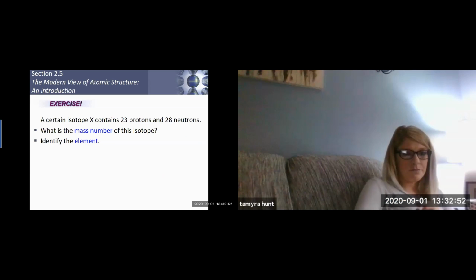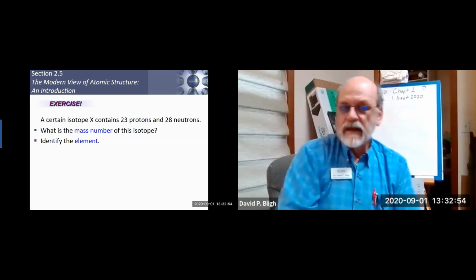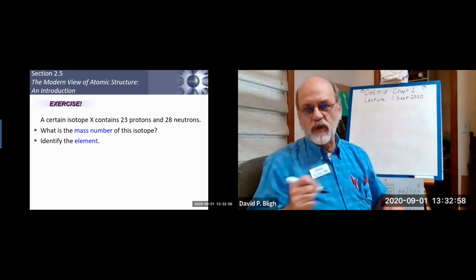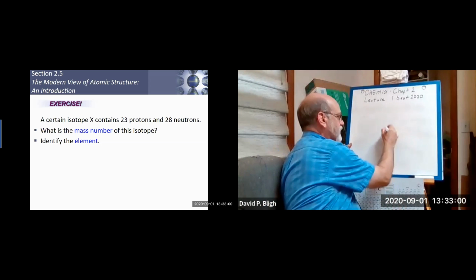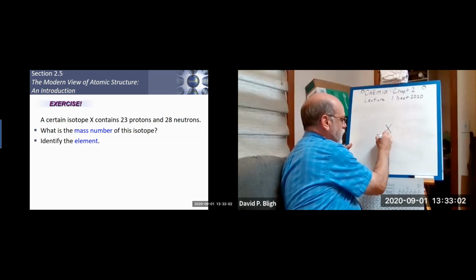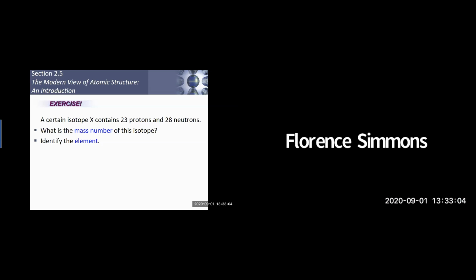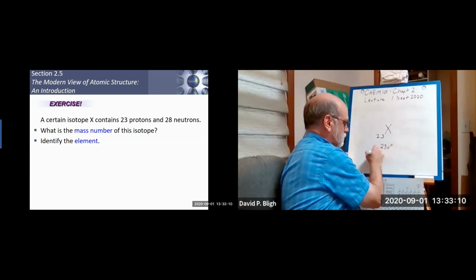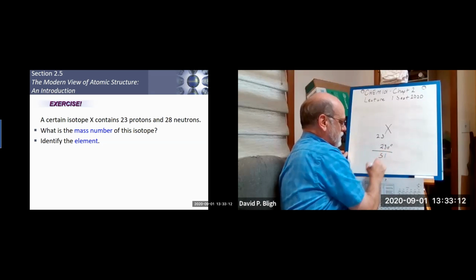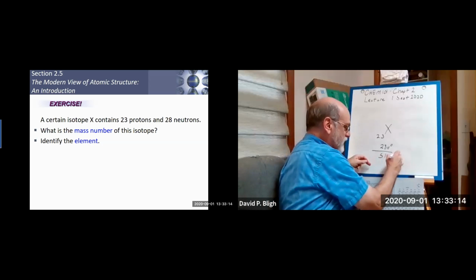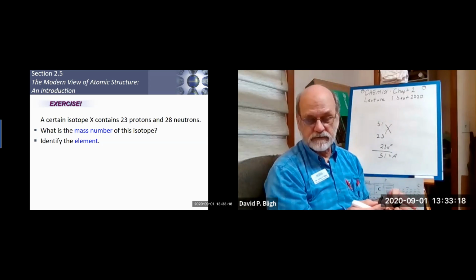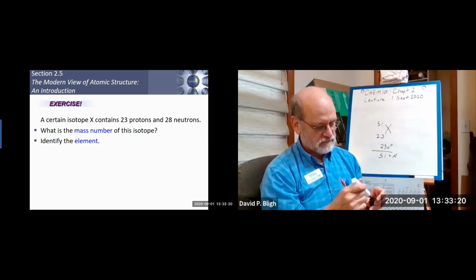Okay, let's try this. Say you have an isotope X with 23 protons. How would we write that? 23 protons, right? And 28 neutrons. What's the mass number? That's equal to your mass number, right? Just add the two together. What element is it?